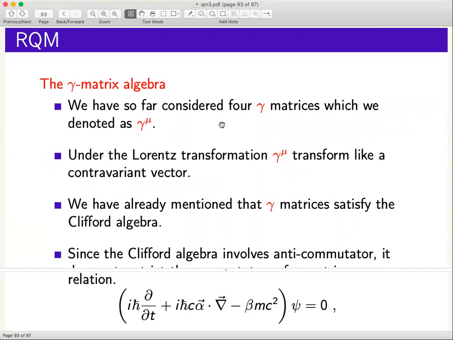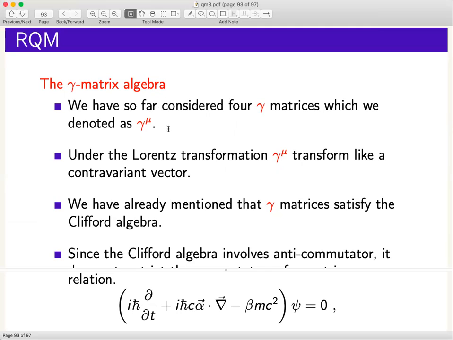So far we have considered four gamma matrices, which we denoted as gamma mu. They were written in terms of Pauli matrices sitting off-diagonally, 0 sigma i, minus sigma i 0, and gamma 0 was diagonal with identity and minus identity sitting on the diagonal.